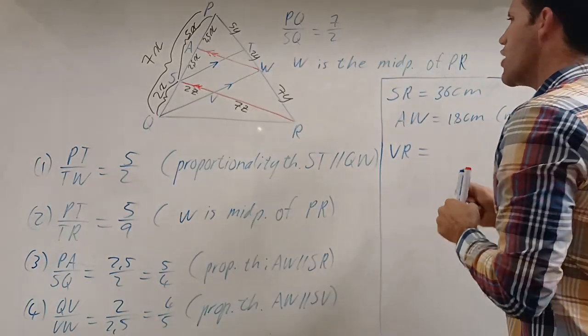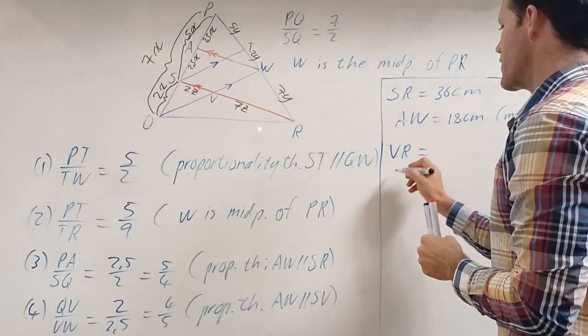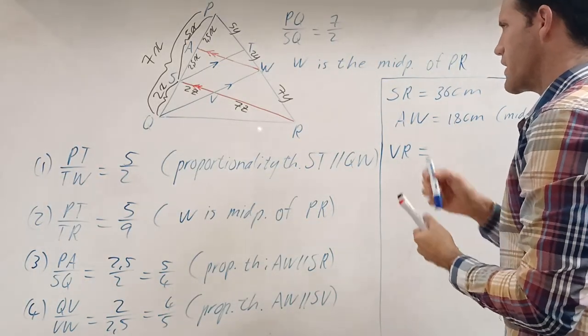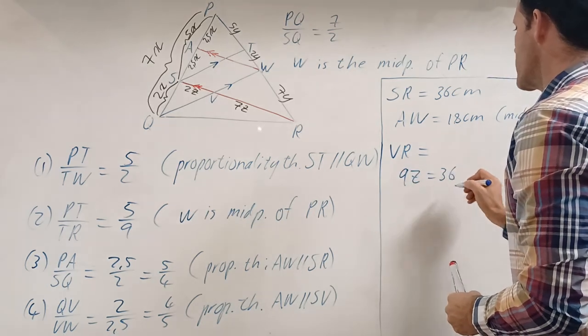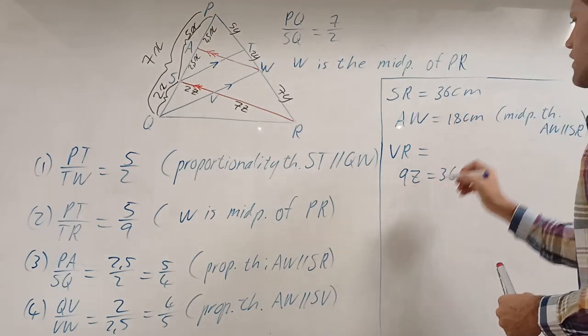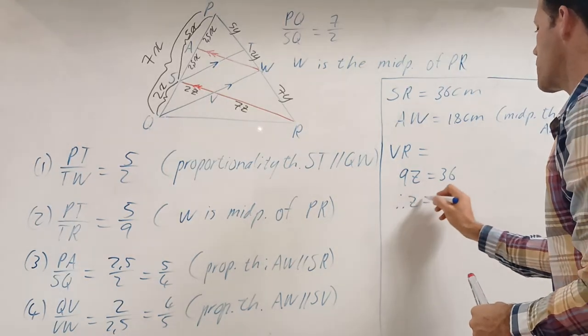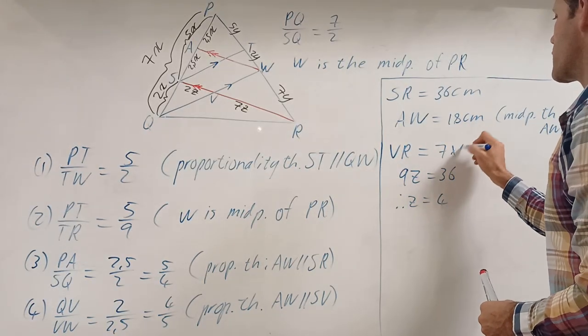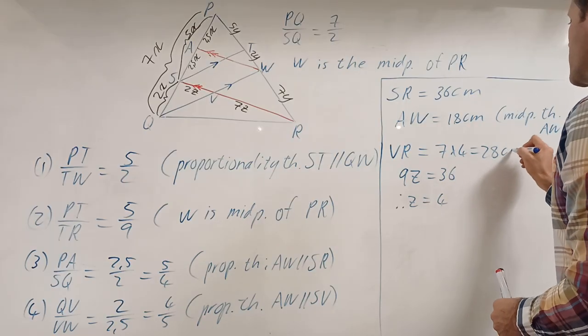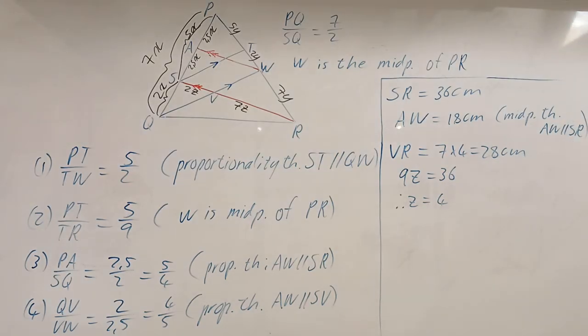But then the total for that will be 7Z plus 2Z is 9Z. And 9Z must be equal to the total, which is 36 centimeters. Which means Z will be equal to 4. And therefore VR will be 7 times 4, which is 28 centimeters. So that's one way of doing it.